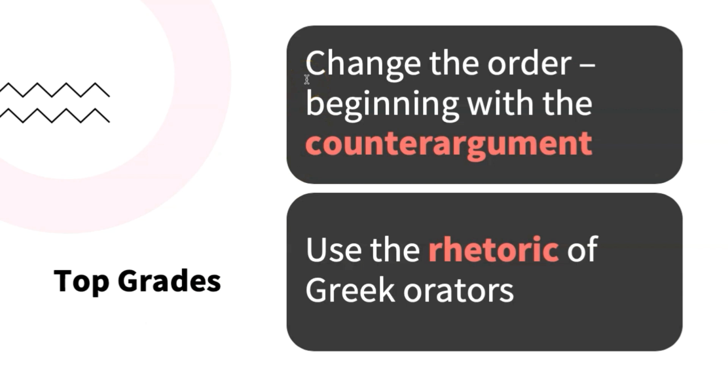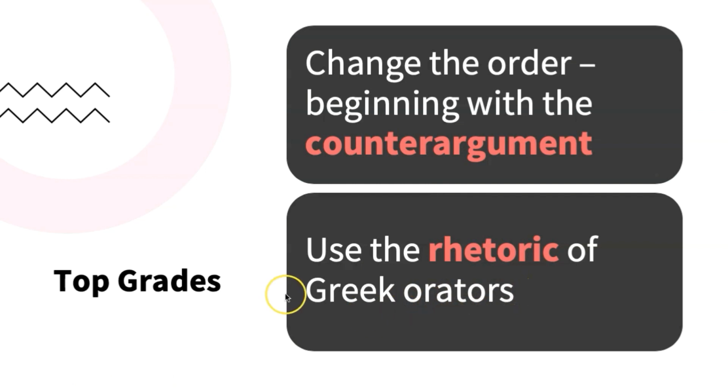The first thing I want to show you is that you can change the order of your points, in particular beginning with the counter-argument. Remember, I did that when I wrote the thesis. The second thing I'm going to show you is other rhetorical devices, not the ones that you've just normally been taught, but the 3 skills of Greek oratory, Greek speech.